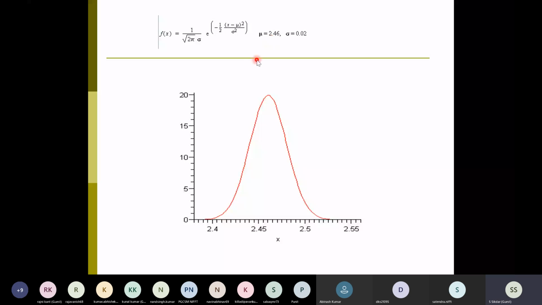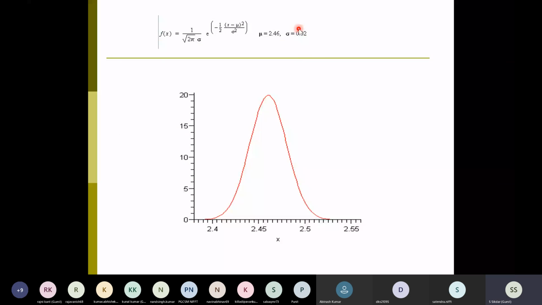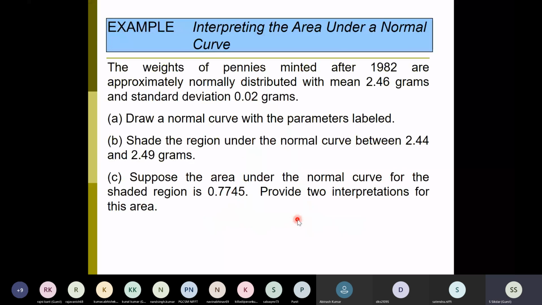The mean value is 2.46 and sigma is equal to 0.02. In this kind of function, once you plot it, you are somewhere here at 2.46, and you have to get between 2.44 and 2.49.